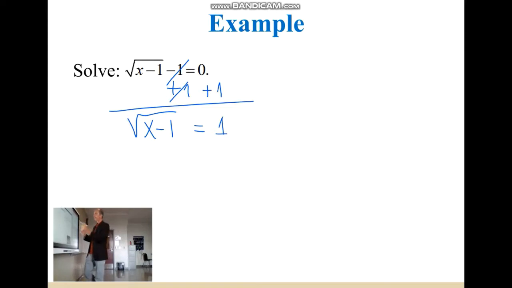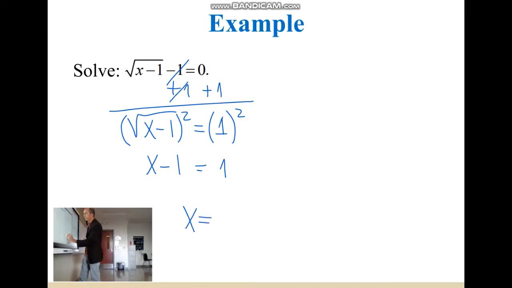Now we can raise both sides to the power of 2 to simplify the radical and find a solution. The square root of x minus 1 squared is x minus 1, and 1 squared is 1. That means x equals 2.